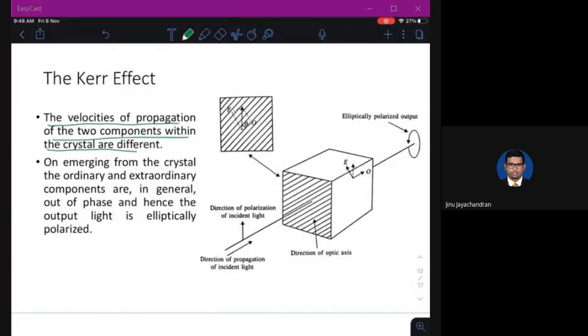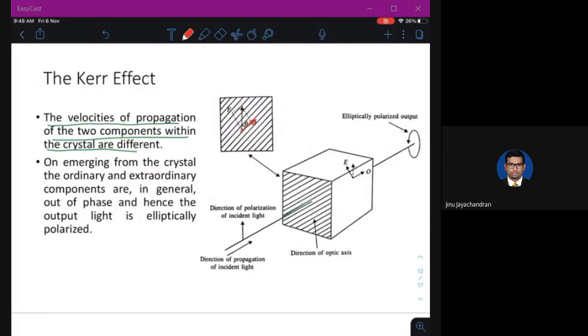Okay, because the one which is propagating along the optical axis, which is this component, will not have a different refractive index. So as long as it is propagating along the optical axis, it will have the same refractive index, which means it will have the same velocity.